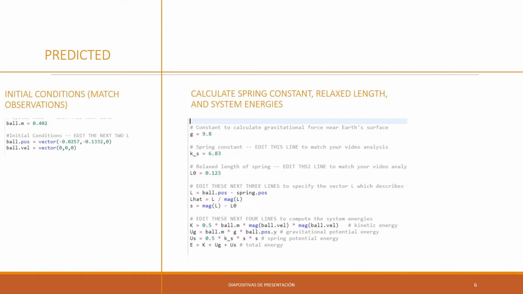That's how we get the L naught, and we calculate the update of the different variables afterwards, and we put in the previously analyzed formulas for kinetic energy, gravitational potential energy, spring potential energy, and total energy, which we reviewed in the previous slide.